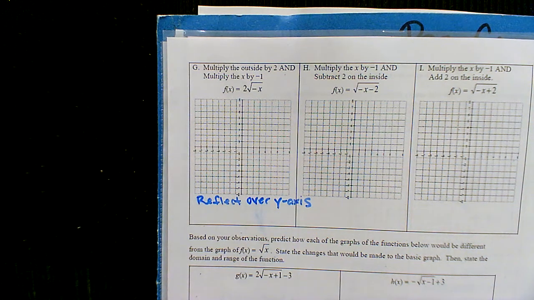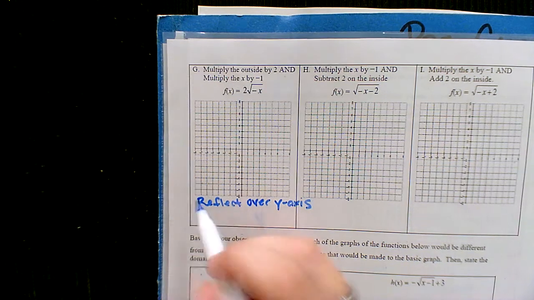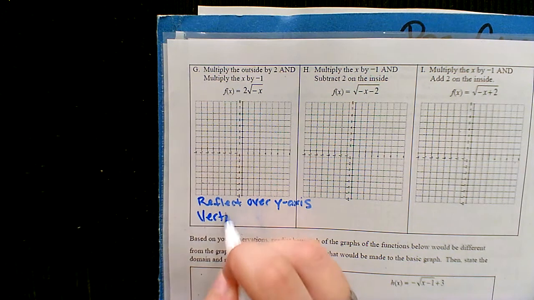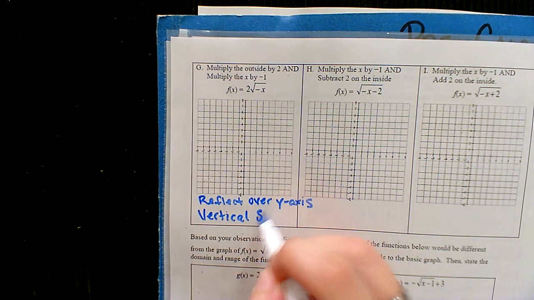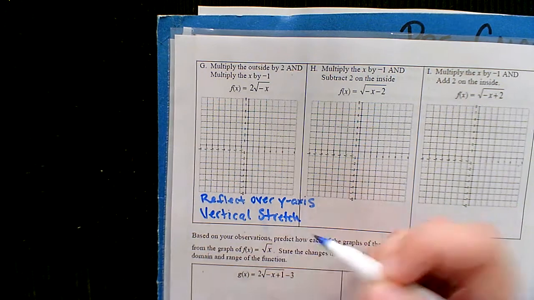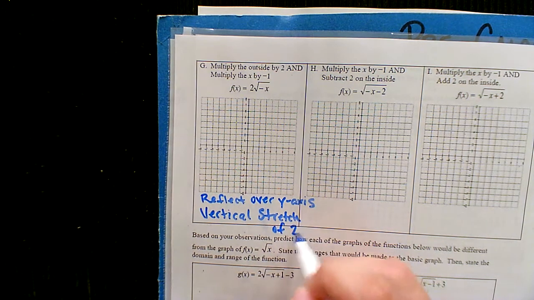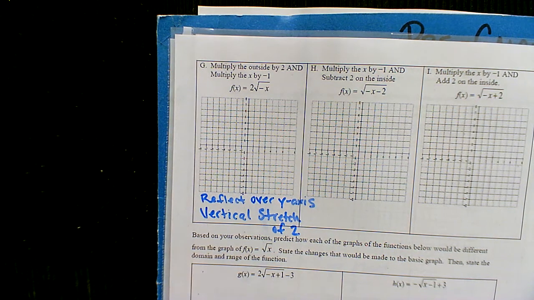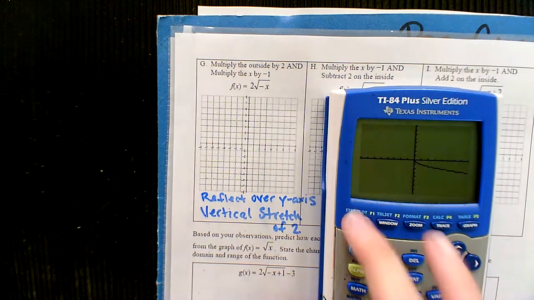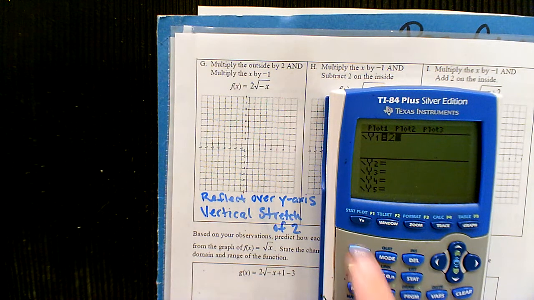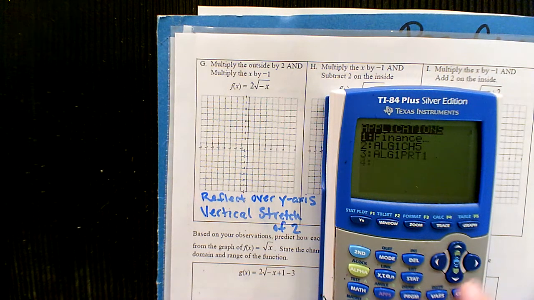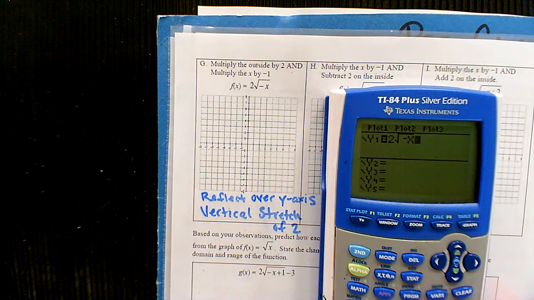Yeah. Vertically? Let's see. Okay. So maybe we have a vertical stretch of 2. Okay, we're doubling it. So let's see what the graph looks like. 2 square root of negative x.